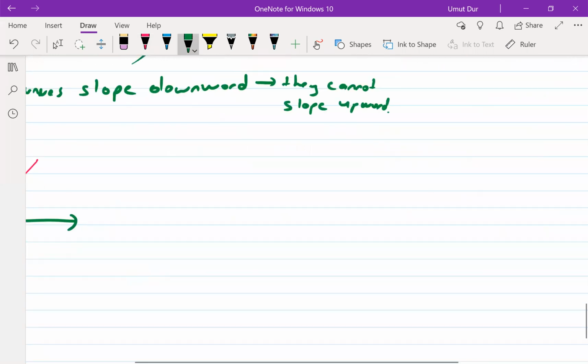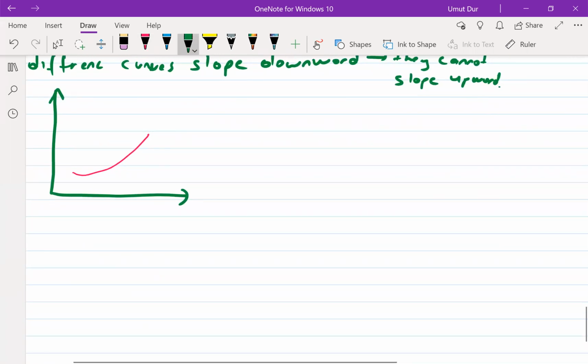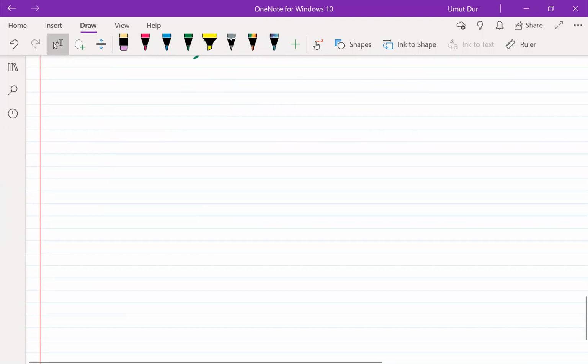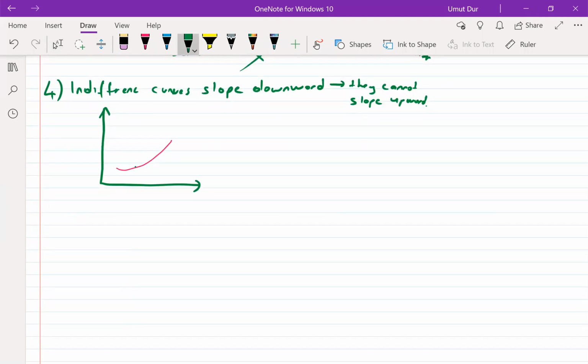Then let's consider two points here, this green one and this blue one.